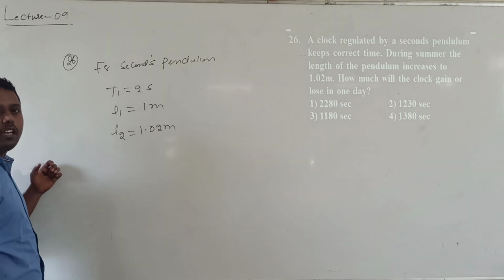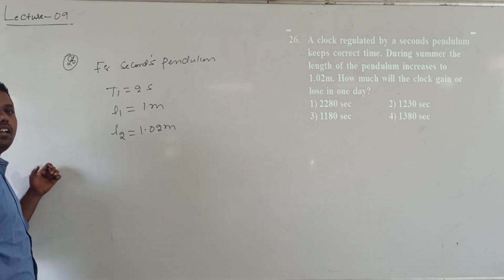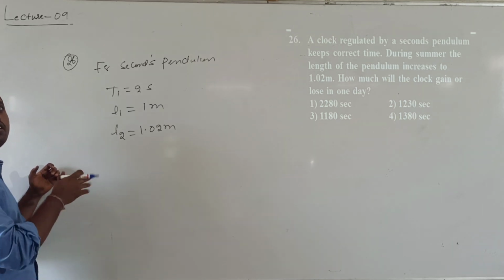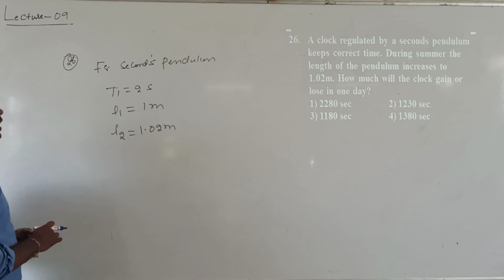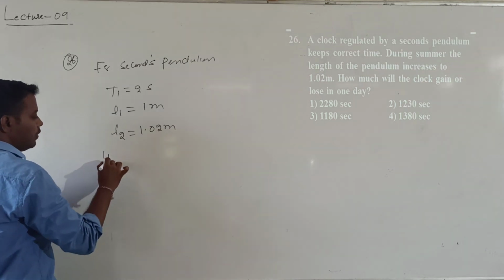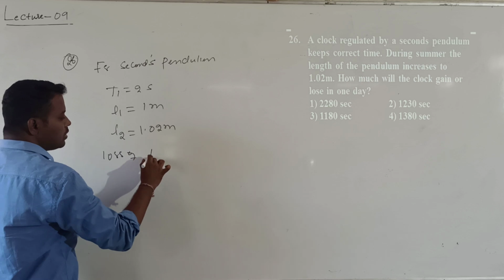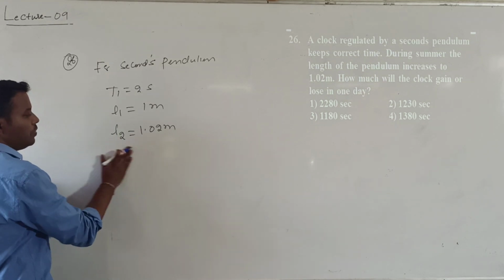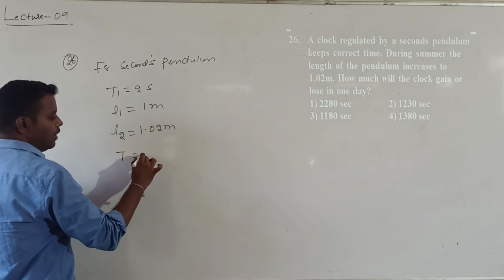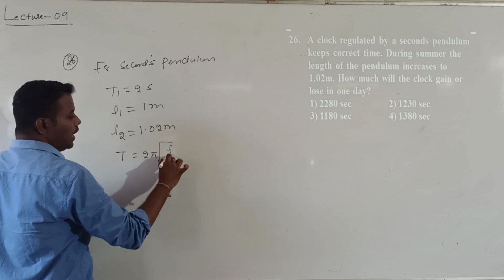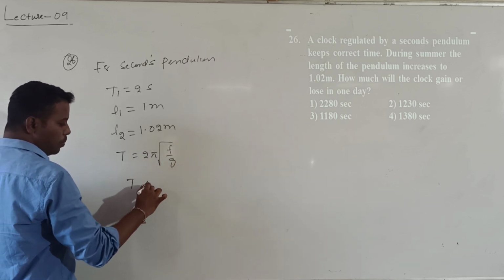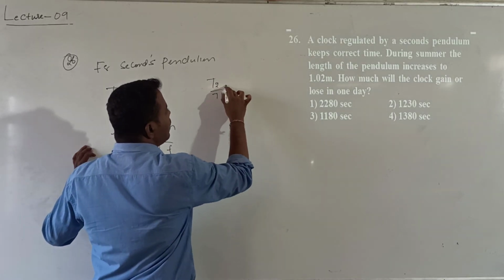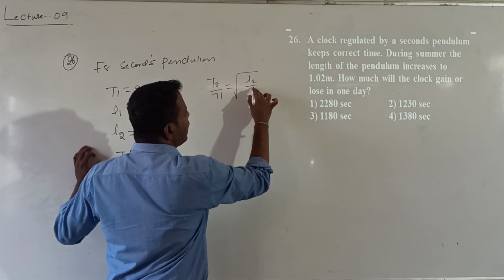Whenever the length value increases, the time period value increases. When the time period value increases, then what happens? It will take more time to complete an oscillation. So there is a loss of time. So how can I calculate the loss or gain of time? The loss of time is given by the formula. T formula is 2 pi into root over L divided by g. So T is directly proportional to root L. Then I will get T2 by T1 is equal to root over L2 by L1.